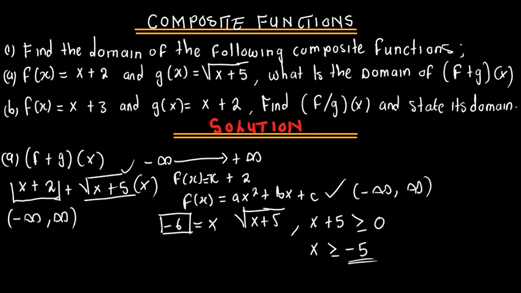So in other words, the only values which are going to hold in this particular radical should be greater than or equal to negative 5. So for this particular radical, the domain is going to come all the way from negative 5 included all the way to positive infinity.